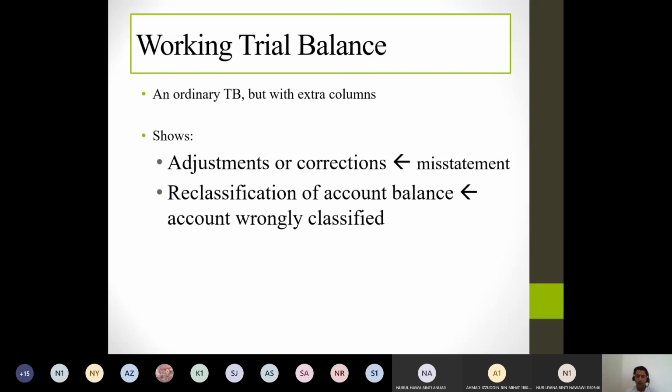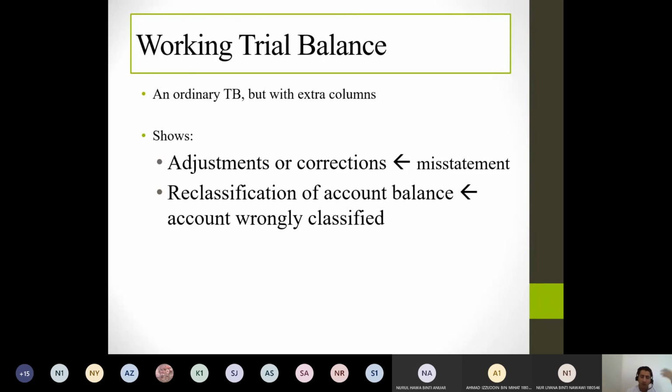So it will reflect into the subsidiary ledger and general ledger. And let's say it is in the accounts receivable balance, it should be adjusted in the trial balance.